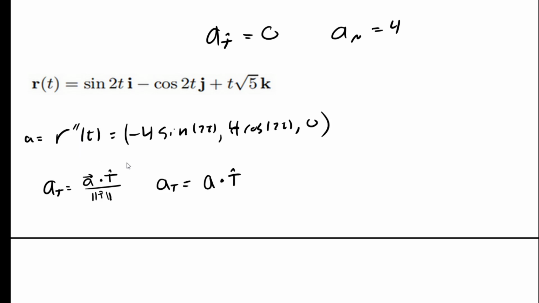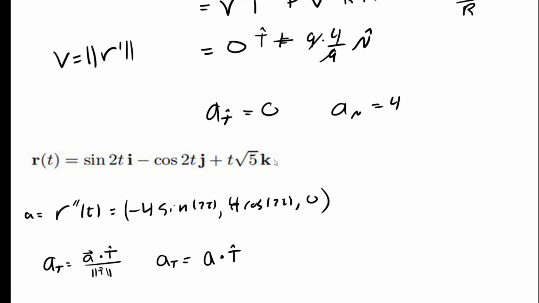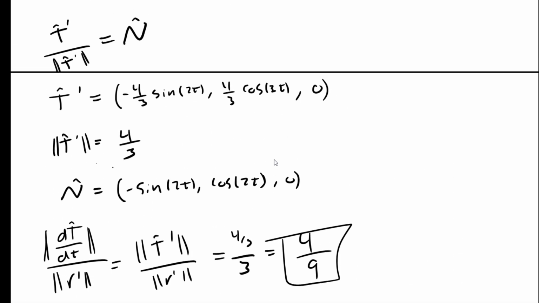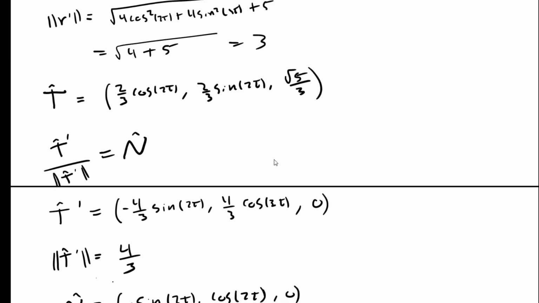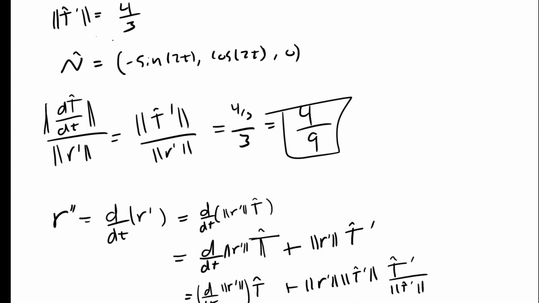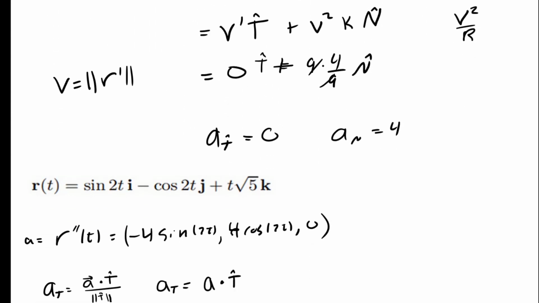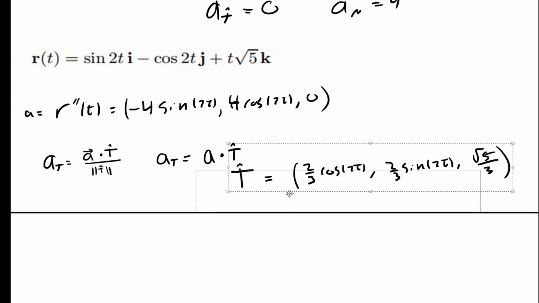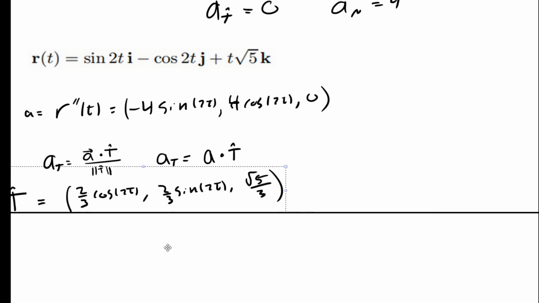So A is the second derivative. If I know the tangent vector, which I do, it's this. I can copy that. Okay, so I know the tangent vector.